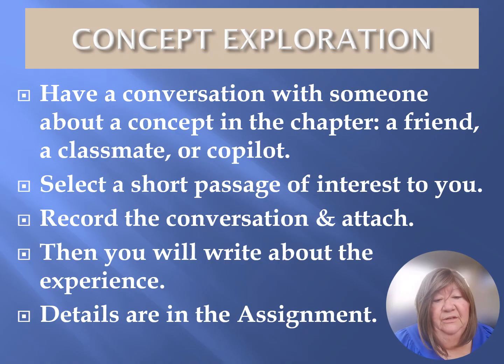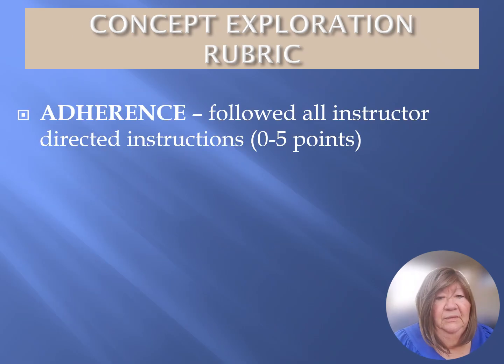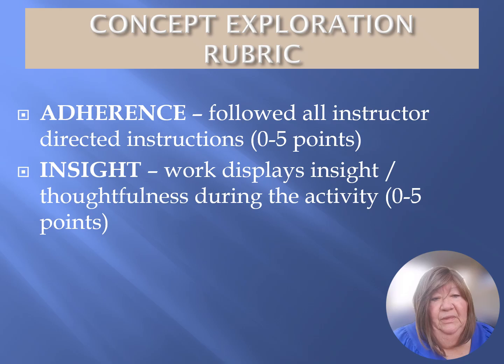There are more details. There's a rubric and everything in the assignment section. Let me show you the rubric. You get 5 points for adherence, in other words, following what the assignment told you to do. Then up to 5 points for insight and thoughtfulness, that you actually care about the topic you were talking about.